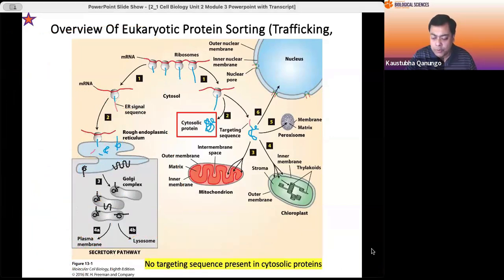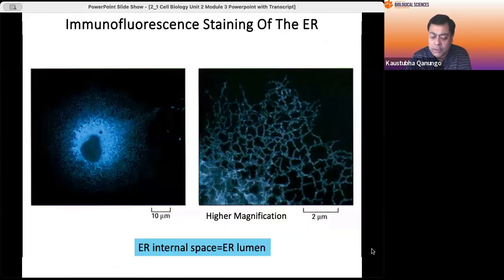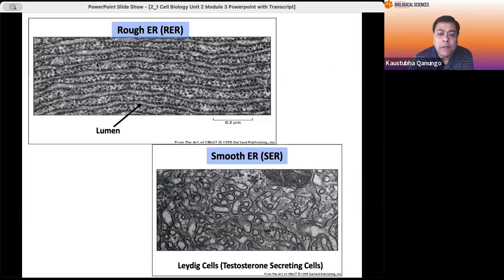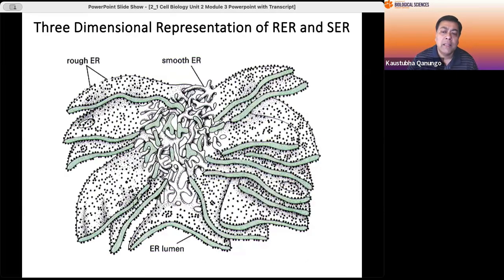Now let's go to the next one. These are just some pictures of the ER, and there are really no questions from here. The rough endoplasmic reticulum is studded with ribosomes, helping protein synthesis, while the smooth ER does many of the carbohydrate modifications and lipid metabolism. These are some of the structures, and it's a continuum.